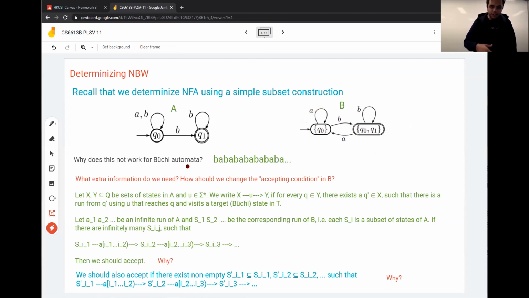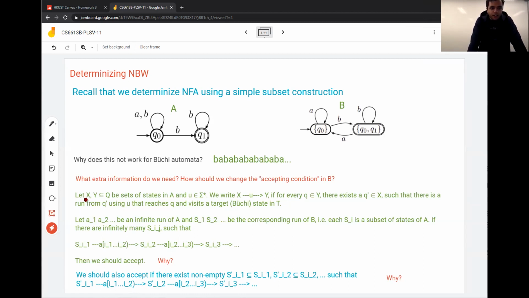So let's say that I give you some run of this automaton B, which is created in this naive way. And I want you to tell me when I should accept this run so that the language becomes the same as the language of A. Well, here's one way of thinking about it. And this is actually the intuition behind Safra's construction that I'm going to go through today.